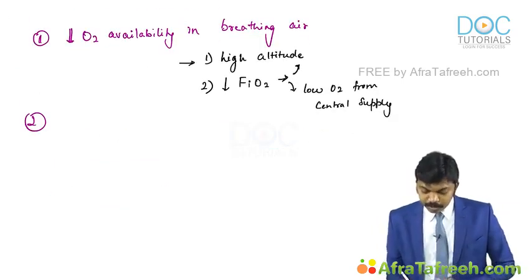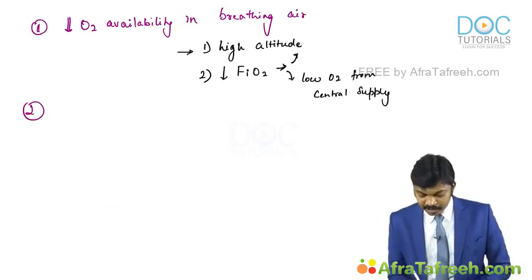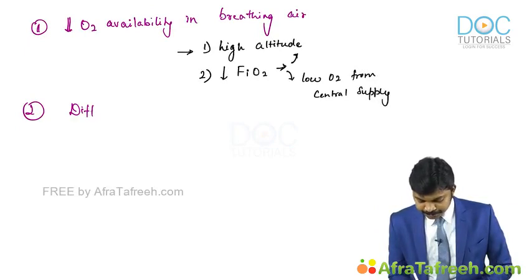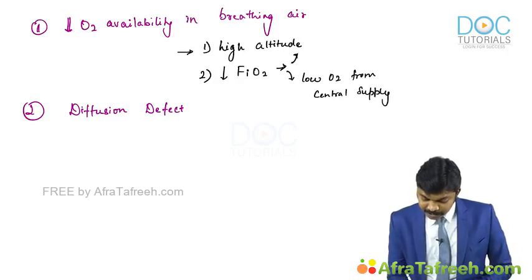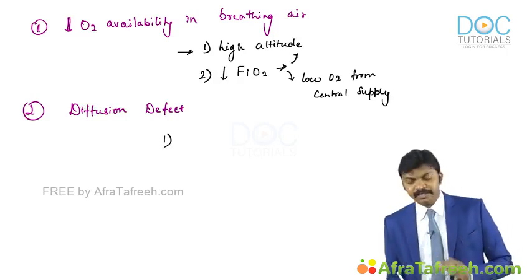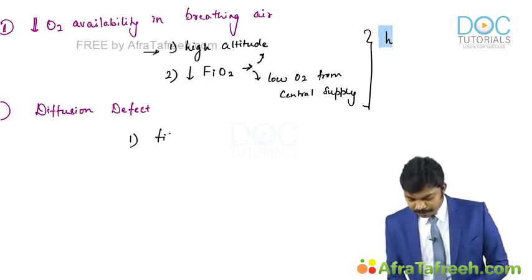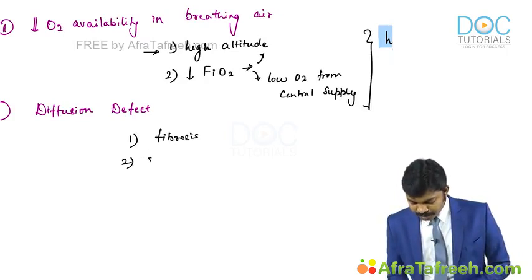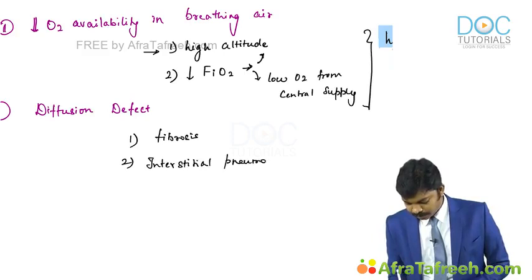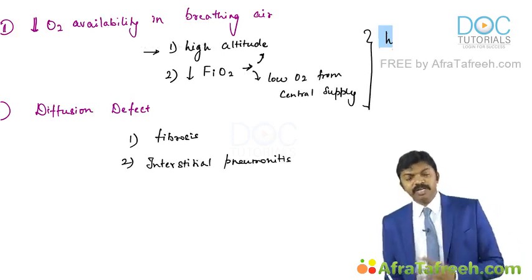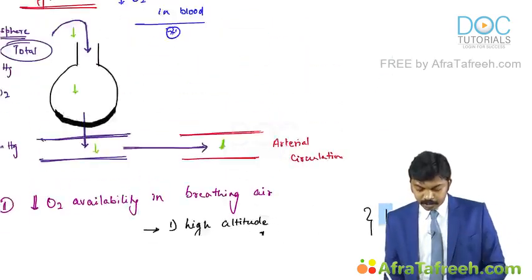Friends, the second important point in hypoxemic hypoxia is diffusion defect. Diffusion defect is seen in conditions like fibrosis, interstitial pneumonitis. When there is poor diffusion, there is going to be poor oxygenation.